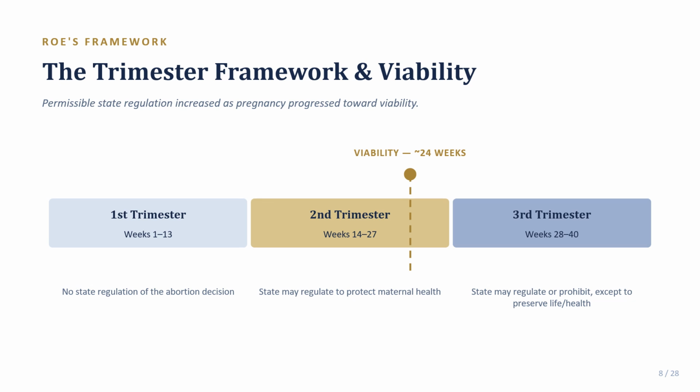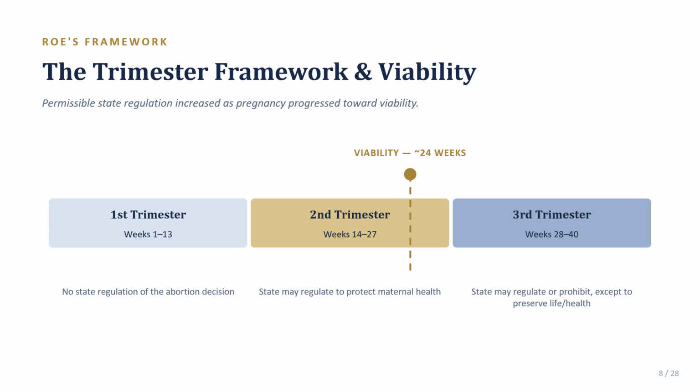Okay? Now, running through all of this is viability, and that is up until like the point of 24 weeks right there. The point at which the fetus could potentially survive outside of the womb, the viability functions as kind of this doctrinal hinge of Roe's entire structure.